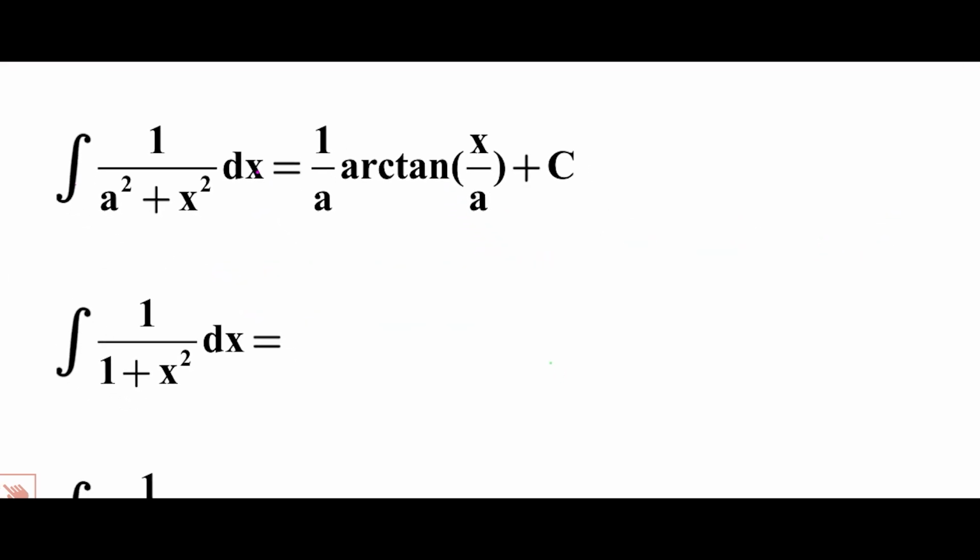And the integral of 1 over a squared plus x squared dx equals 1 over a arctangent of x over a plus c. For example, the integral of 1 over 1 plus x squared dx equals, in this problem, a equals 1, right? So we have 1 over 1 arctangent of x over 1 plus c.